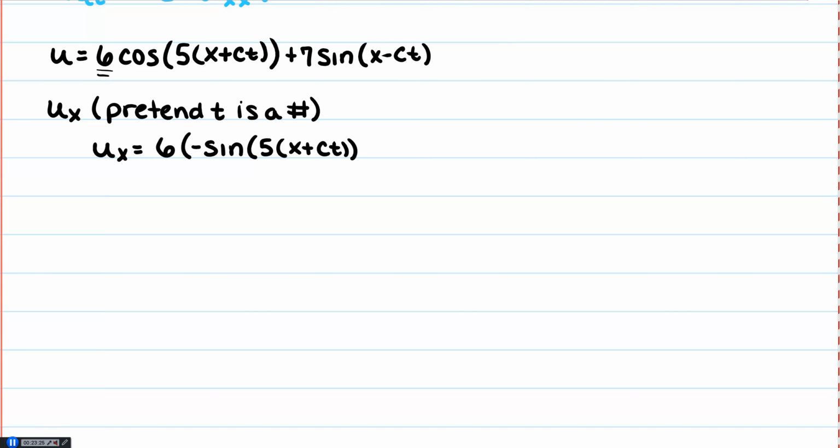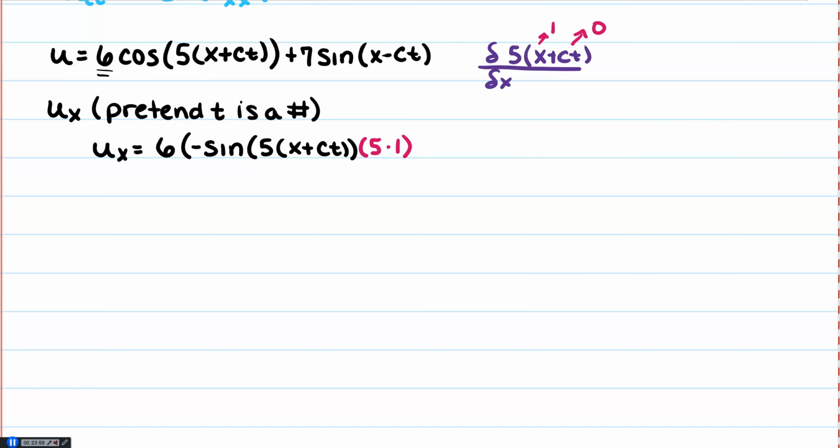So now remember, we're taking the derivative of 5 times (x plus ct) with respect to x. That means the t and the c are constants, so the derivative of ct would be 0, and the derivative of x would be 1. So this would end up being 5 times 1.